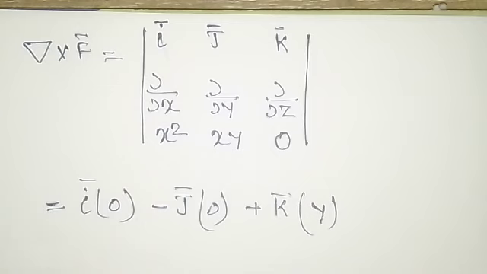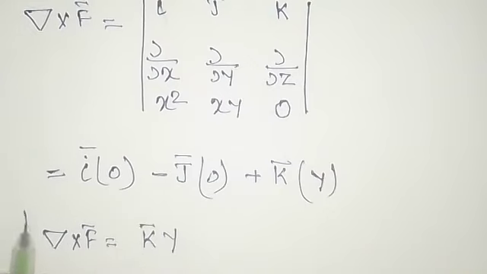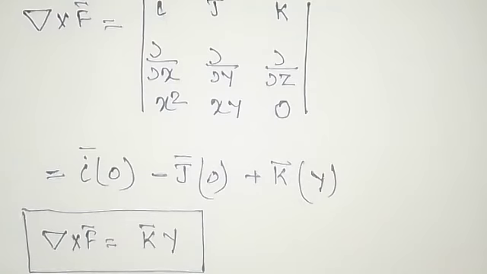So del cross f, basically, or you can say the curl of f, is nothing but the vector ky, this we got, right? Now what we have to do is write the LHS. We have taken, as I showed you, the surface integral of del cross f into n ds, right?